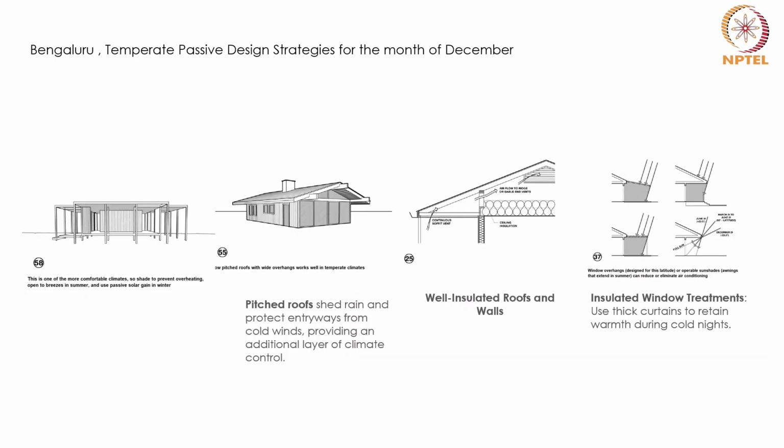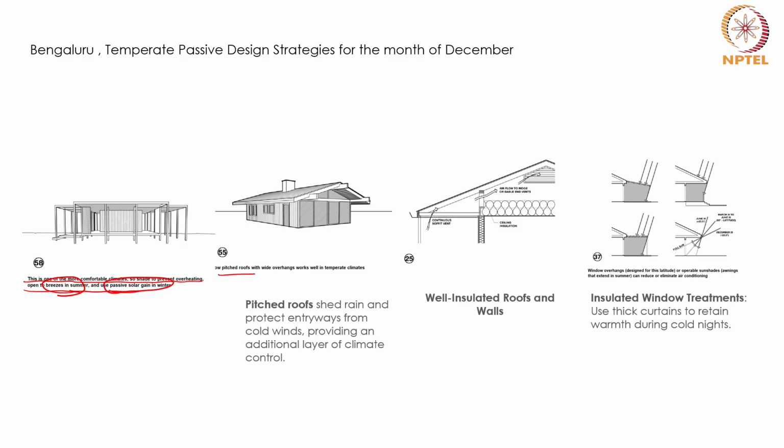So, let us see the strategies which are passive and must be adopted for Bengaluru for the month of December. So, this is one of the more comfortable climates. So, shade in order to prevent overheating, open the building to summer breezes, and use passive solar gain in winter is a good strategy.